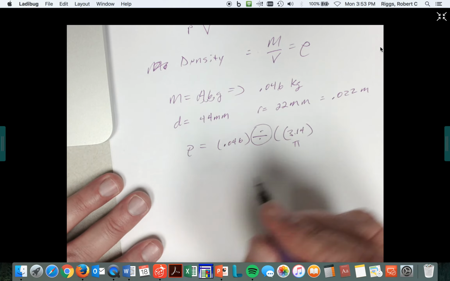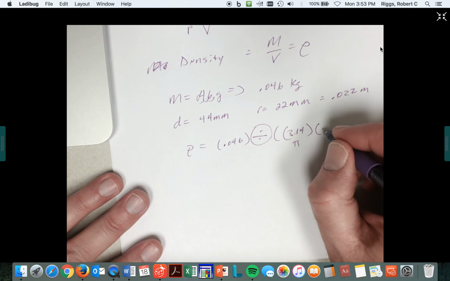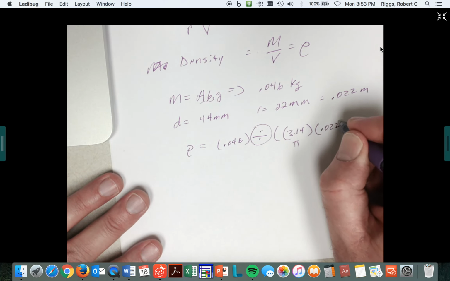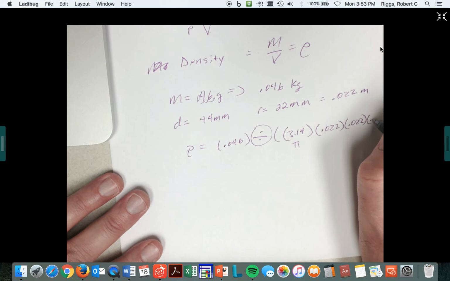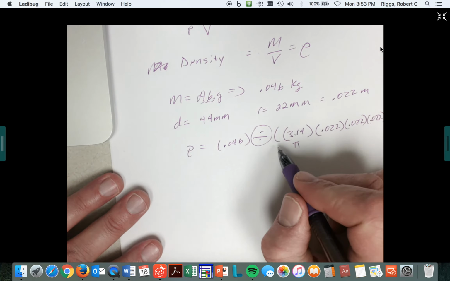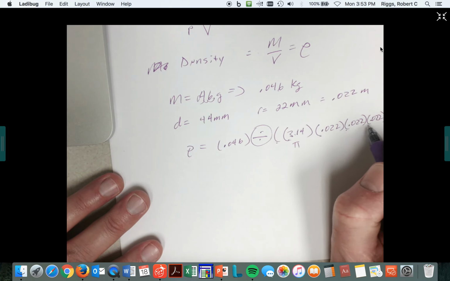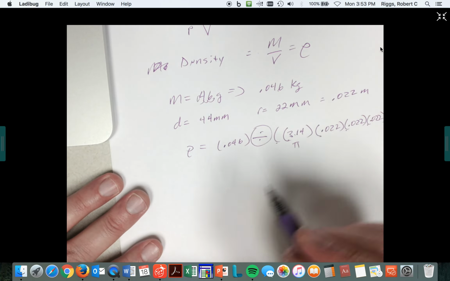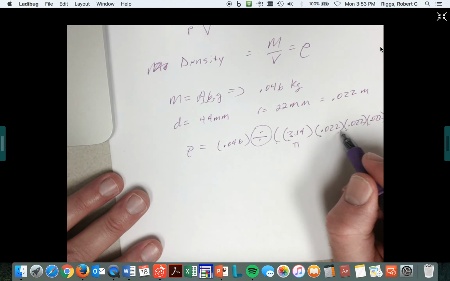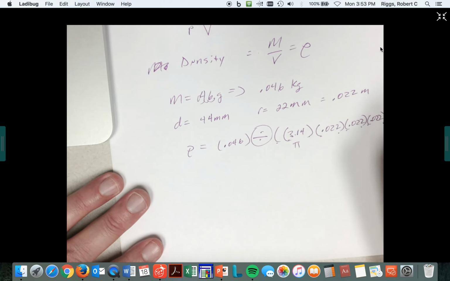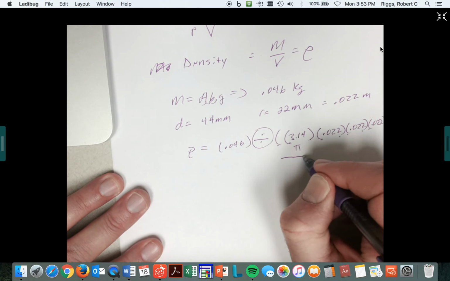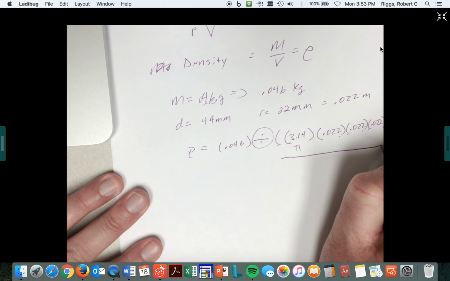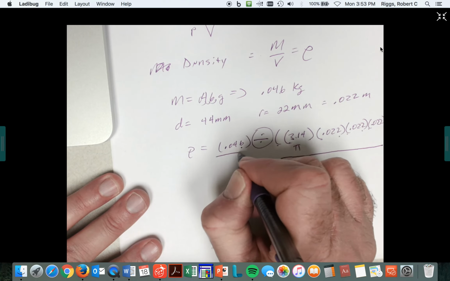Put parentheses around it. Times 0.022, 0.022, 0.022. Now look, I've got 5 parentheses open, and I've got 4 parentheses closed, so I better close it one more time. So what I've done is I've taken this entire part and divided it by this part.